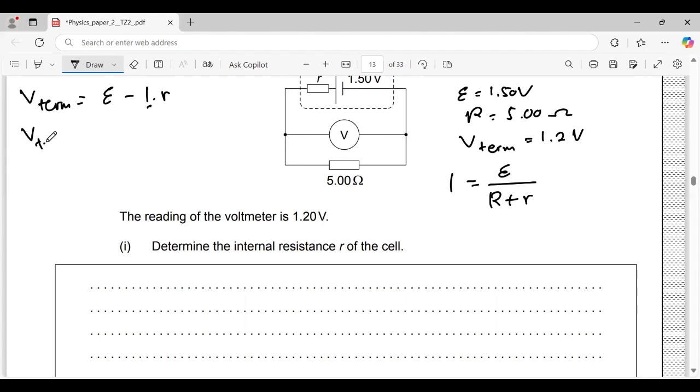So V terminal equals epsilon minus epsilon over R plus r times r. Continuing, V terminal equals epsilon minus r over R plus r times epsilon.